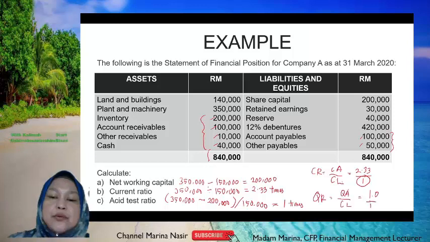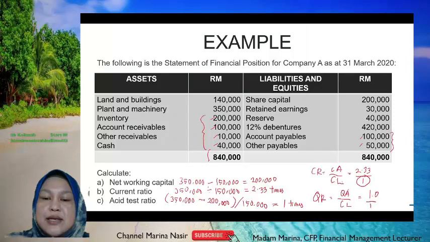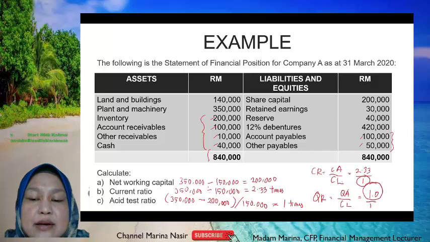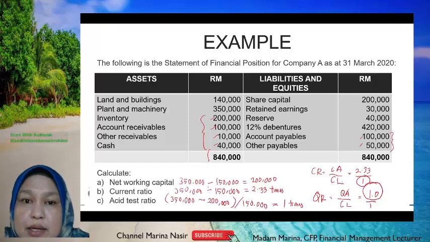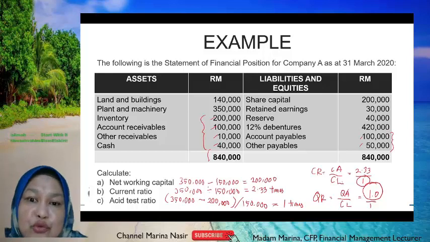What does this quick ratio mean? Company A has RM1 quick asset to settle every RM1 of its current liabilities. Company A ada RM1 quick asset untuk bayar dia punya setiap RM1 current liability. This is what the acid test ratio means.